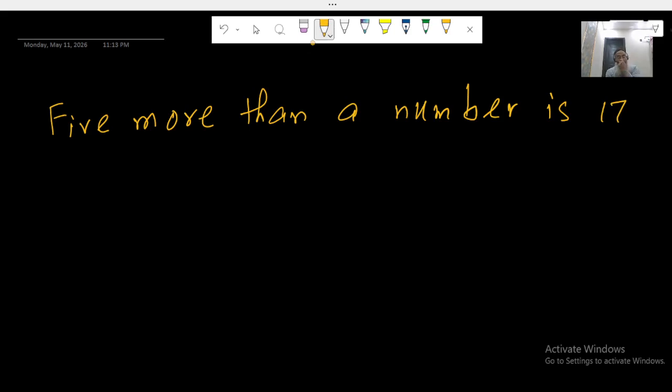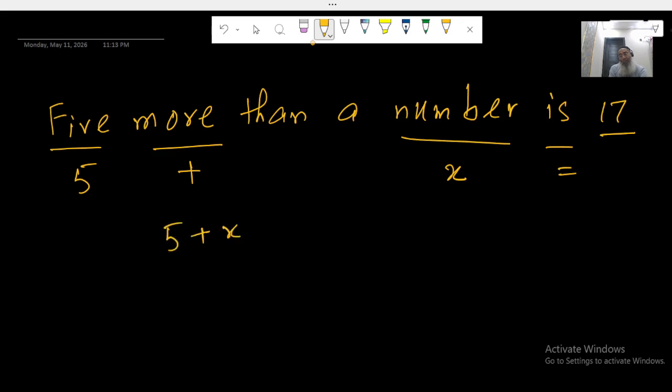The trick is that you will read here, it's 5 more, it means plus, more than a number. Let that number be x, we don't know that number, so we call it x, and this is 17. Is means equal to, so it's 5 plus x is equal to 17, and now you can easily solve it.